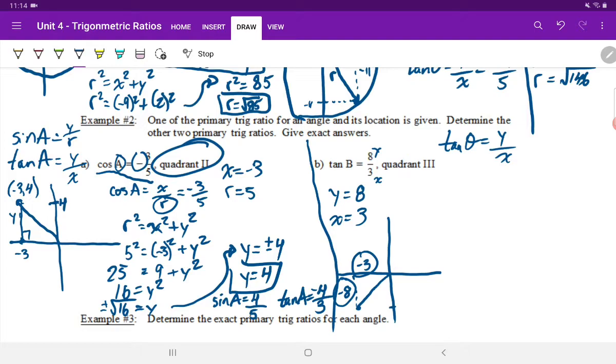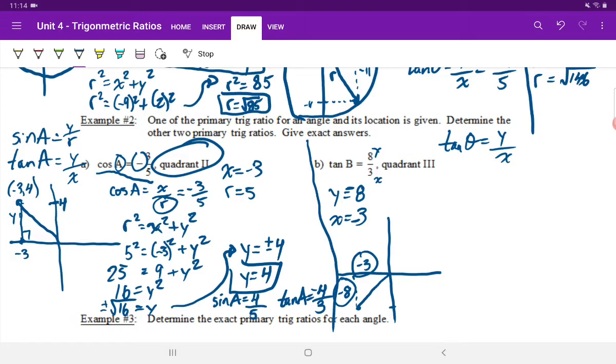It's impossible. They would have to both be negatives. And then when you put them into your ratio, they end up being positive because you're dividing two negatives. But we know that the actual answer here is that x is actually negative 3 and y is actually negative 8. So be careful there. That makes a big difference.